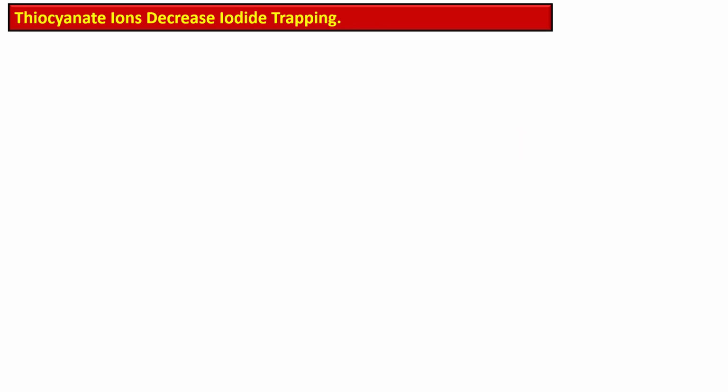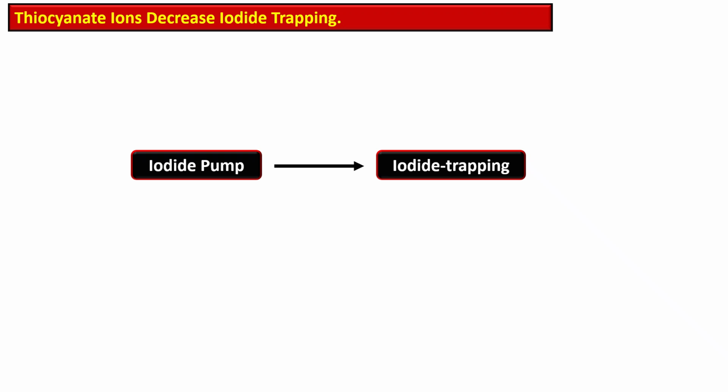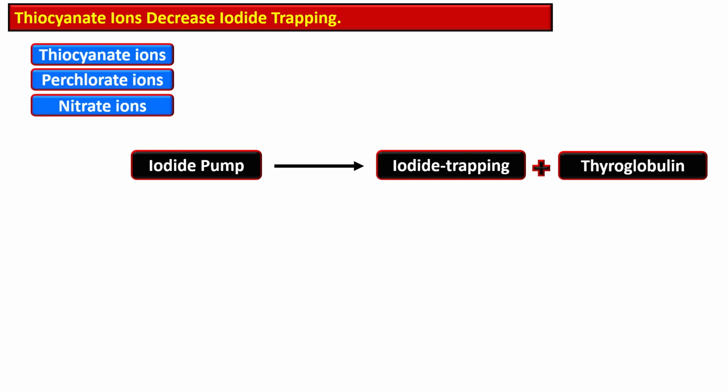The iodide pump is responsible for iodine trapping, and due to this iodide trapping, the iodine combines with thyroglobulin and the thyroid hormone forms.